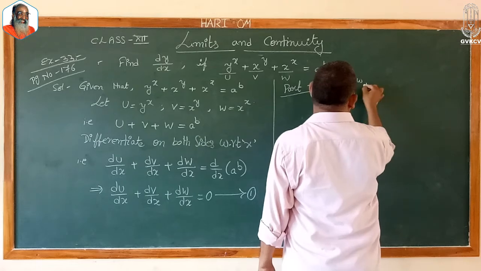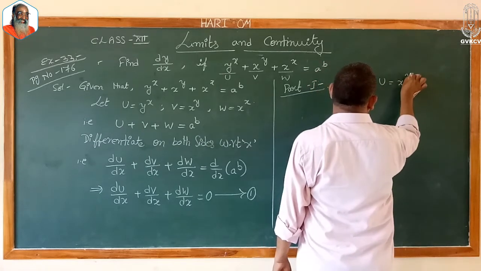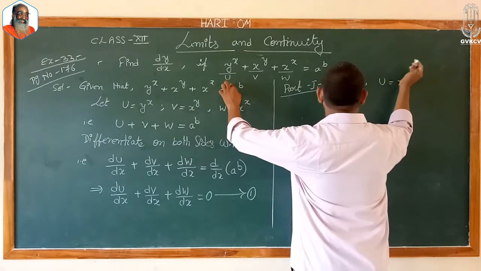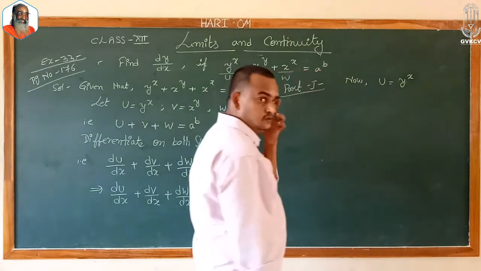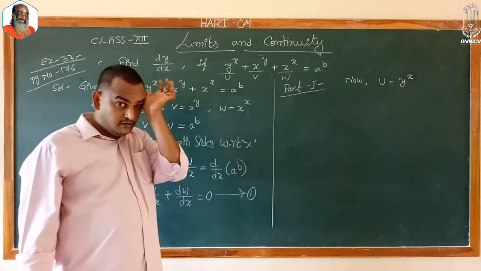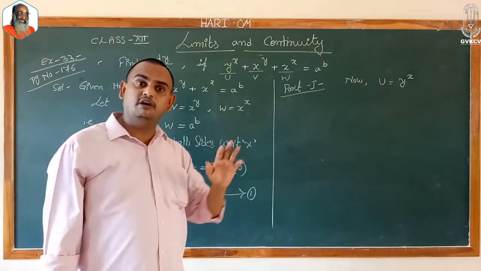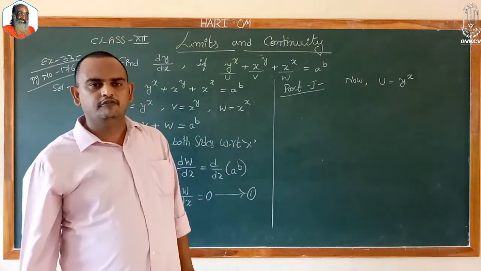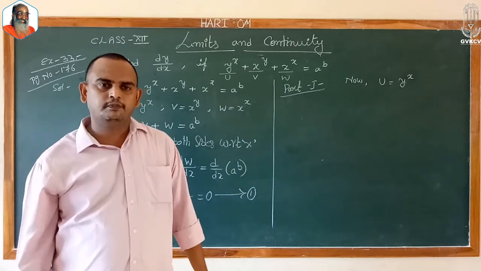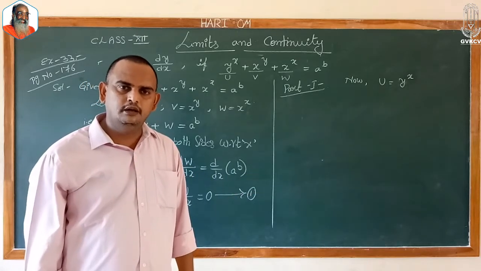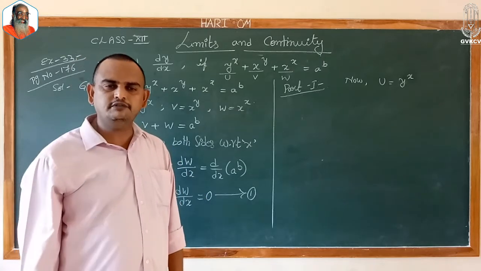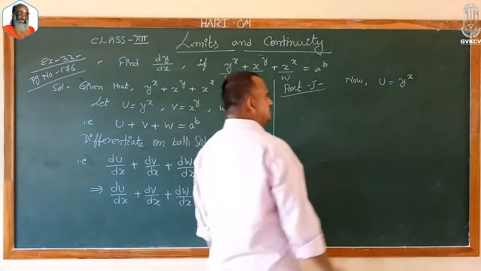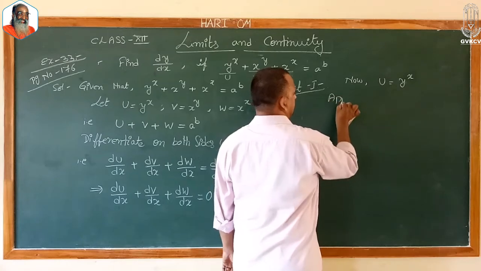Now u is equal to, what is the u function we have taken? y^x. It is in exponential form. Whenever we have exponential form, which method do we need to apply? Logarithmic differentiation.